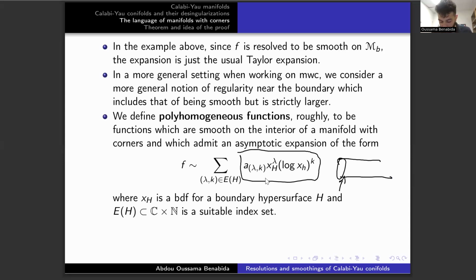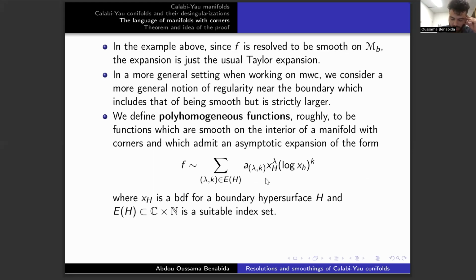Of course, as you can see, when xh goes to 0, meaning at the boundary, the logarithm goes to minus infinity. So these are singular at the boundary, but the singularity is controlled. And actually, in most of the important examples that we consider, the powers lambda here will not be complex, but real, and not just real, they will be positive real powers.